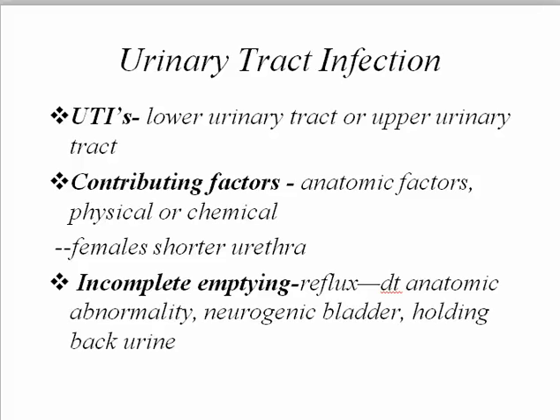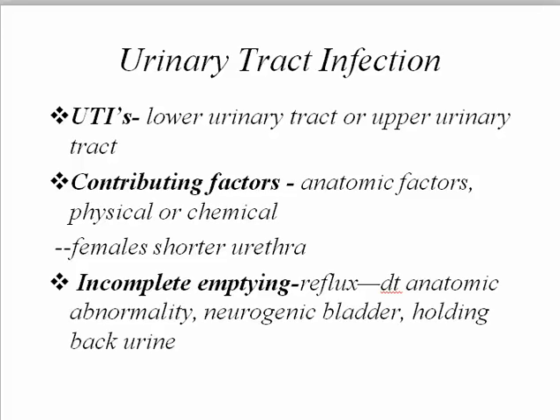So some contributing factors for UTIs: there are many contributing factors of why a child develops a UTI. One of those factors is their anatomy, any physical or chemical properties of the child.